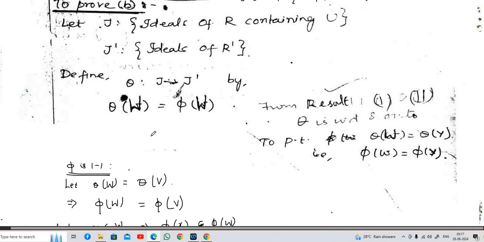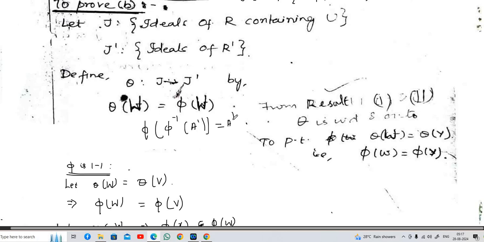We have actually proved that for any ideal in this tau prime, supposing we consider that to be say A prime, then phi of phi inverse of A prime is equal to A prime.